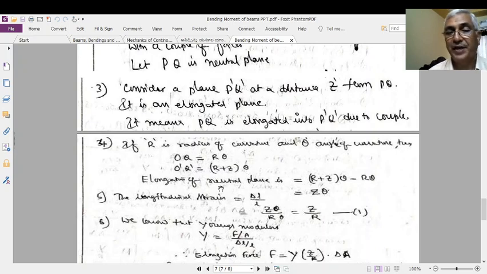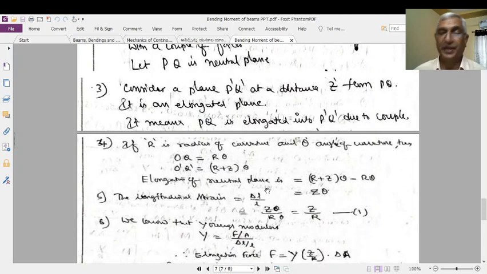Therefore, elongation. Here I wrote the elongation of the neutral plane. Why elongation? Before bending, all layers have the same length. After bending, the upper layers are elongated and the lower layers contracted.